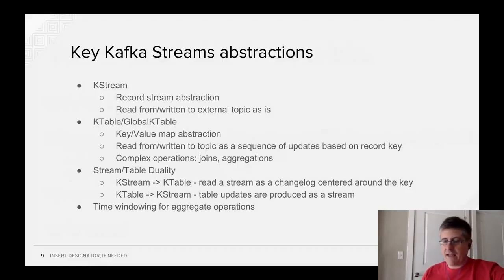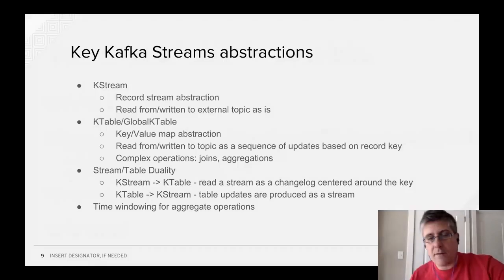So essentially, as you know, a Kafka record has a key and a value. This KTable abstraction will read a stream of data, for example, a topic, and will apply these changes into an internal key value map. So its view of the world is essentially a key value map that reads the records of a topic and applies them as updates on the map itself based on the record key.